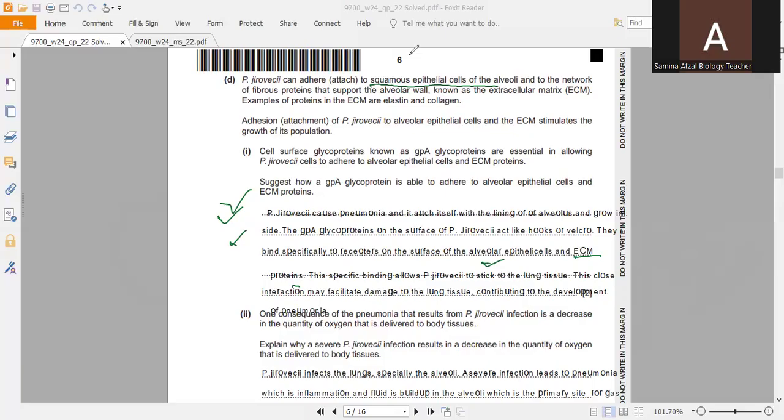These GPA glycoproteins, like hooks attached on the alveoli, will damage them. They will decrease their surface area, due to which their efficiency will decrease. In this way, the damage can occur.